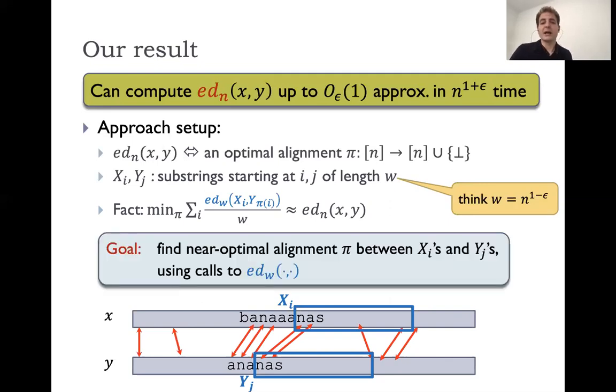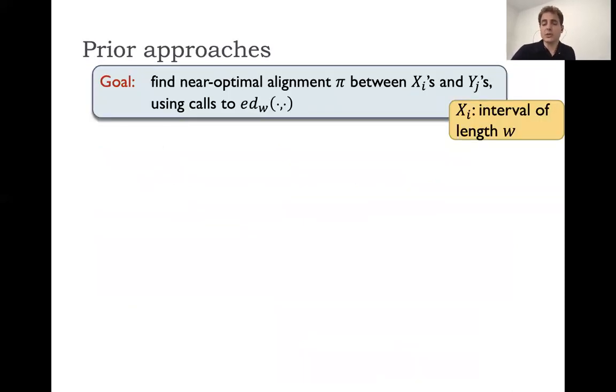So the goal becomes, let's find the near optimal alignment pi between intervals x_i and y_j, using calls to edit distance of slightly smaller lengths. This approach was started in 2018.